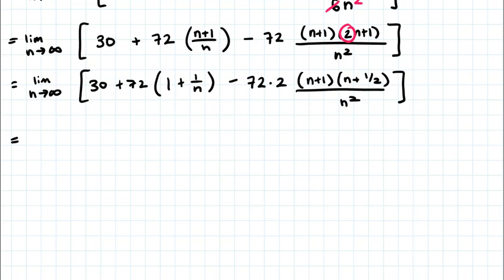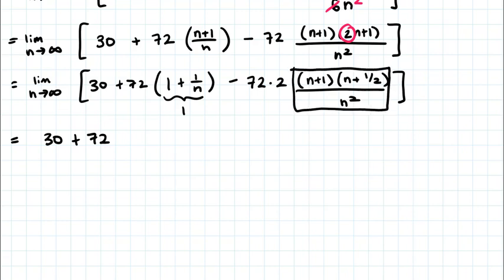And so now, as I take the limit, I'm going to have 30 plus 72. This expression here will all go to 1. And so 72 times 1 is 72. And then this here, if we were to take the limit of that, it's a quadratic over a quadratic. And so we just need to take the ratio of the leading coefficients.